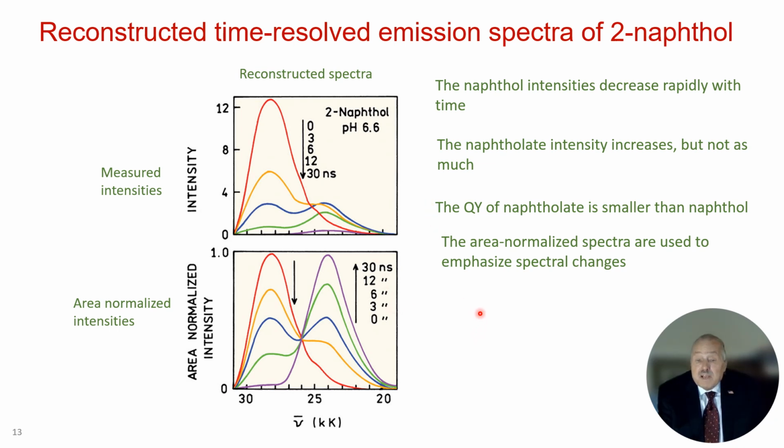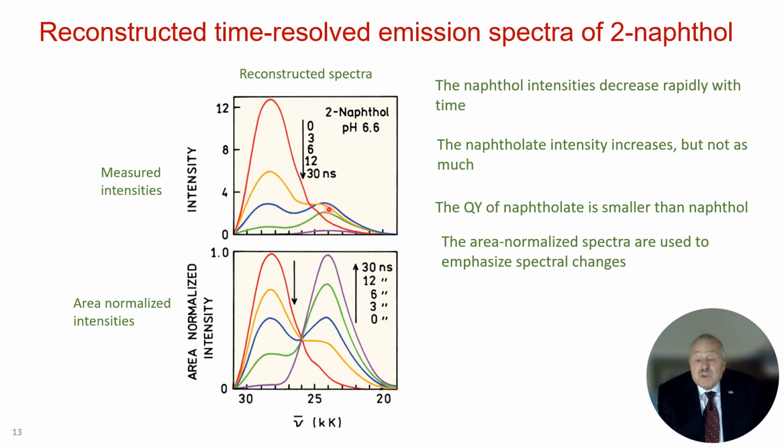And here are the reconstructed emission spectra for naphthol. So we took the time-resolved emission decay, and by using a set of equations which are too complex to present in this type of lecture, we see that the naphthol intensity decreases rapidly with time. The naphthalate emission increases with time.